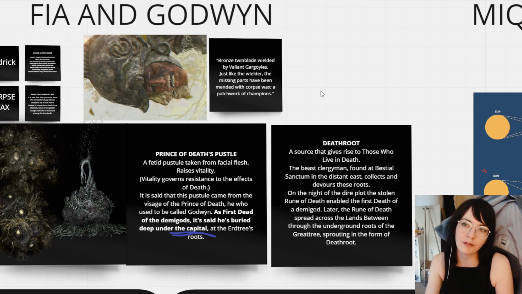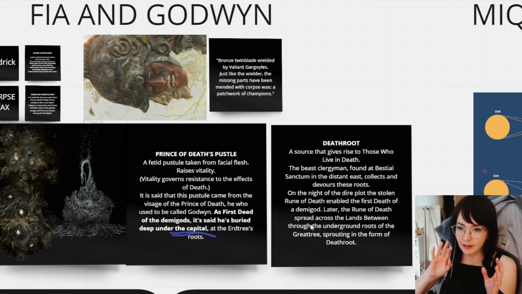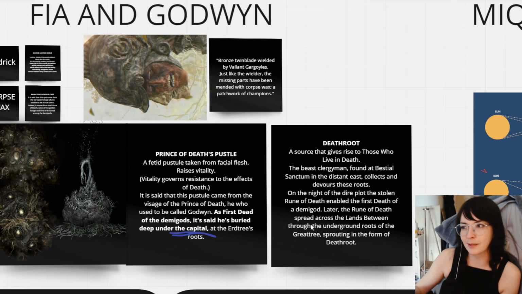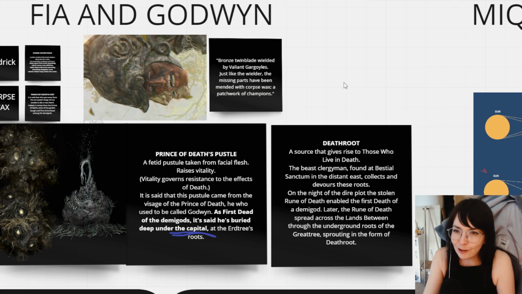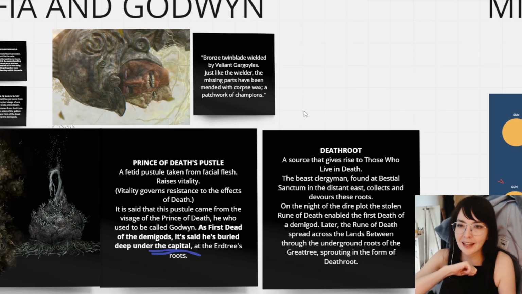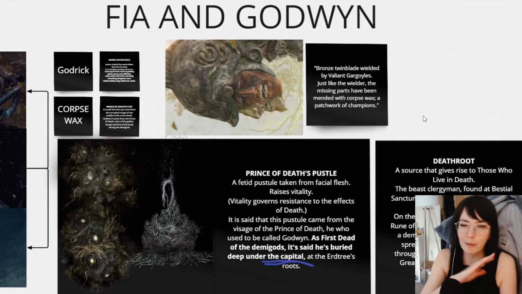He's buried at one of the minor Erd trees, so it's a little confusing, but the great tree, or like the leftover crucible, is down in deeproot depths. We get to fight a crucible knight there, and we get to see this hollowed out great tree that kind of looks like the Erd tree but a little bit smaller, so I'm assuming that's the great tree. But that's mainly just speculation, so I'm gonna move on.